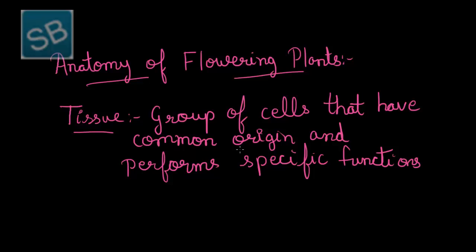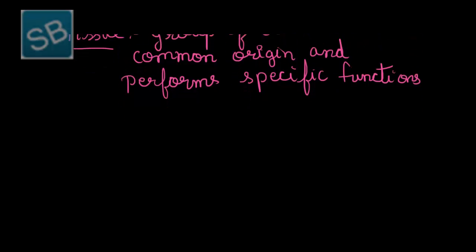A plant is made up of different kinds of tissue. However, plant tissues can be divided into mainly two groups.